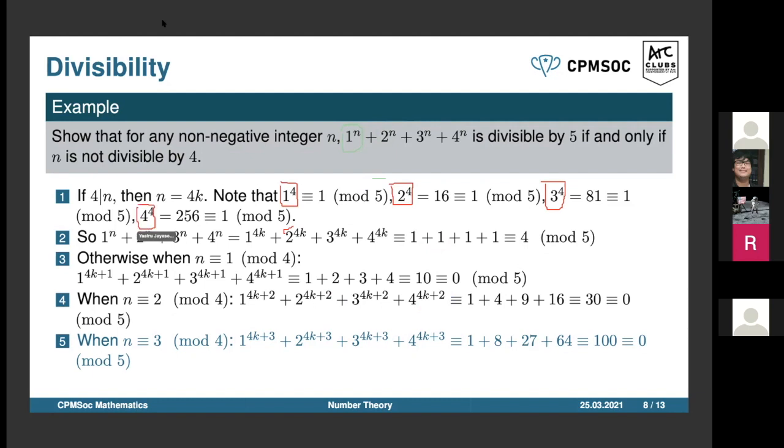So what we see is that we're working in modulo 5, which is a prime number. And if we recall Fermat's little theorem, it states that a to the p is congruent to a modulo p.